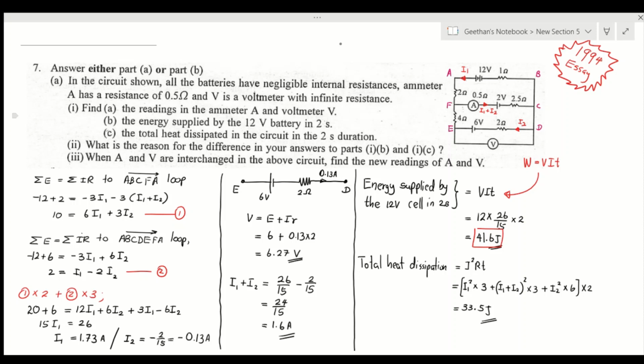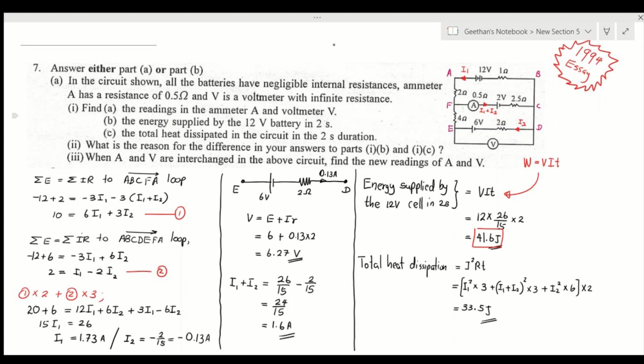Then I applied it to I1 plus I2 squared into 0.5 plus 2.5, that is also 3. That's this part. And again to the last one here, the 6 ohm. So when I do that, finally I get 33.5 joules.